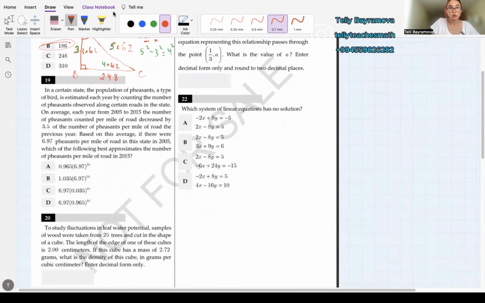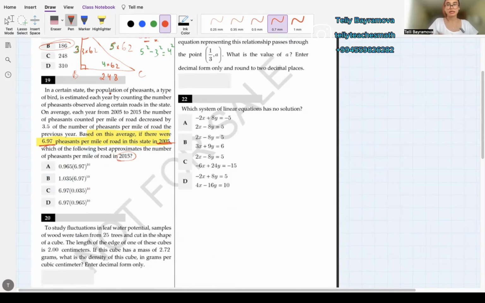This big question, again, I want to look at the last sentence. Based on this average, if there were 6.97 per mile in 2005, which of the following best approximates the number per mile in 2015? Let's read.